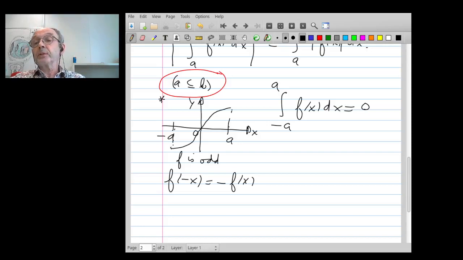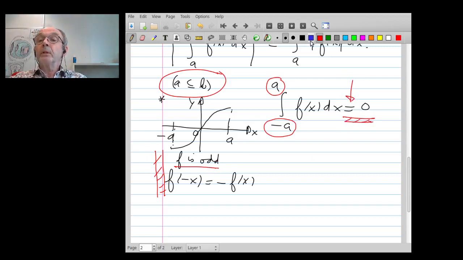So if your f is odd, and you look at your interval, a symmetric interval around 0, you see that your integral will be equal to 0.